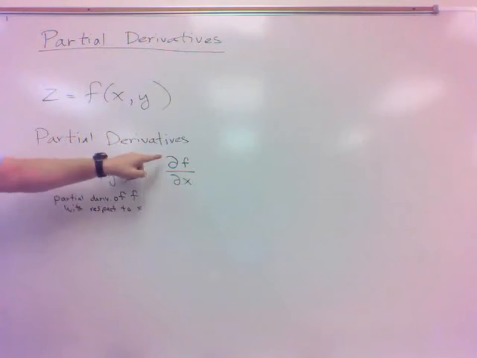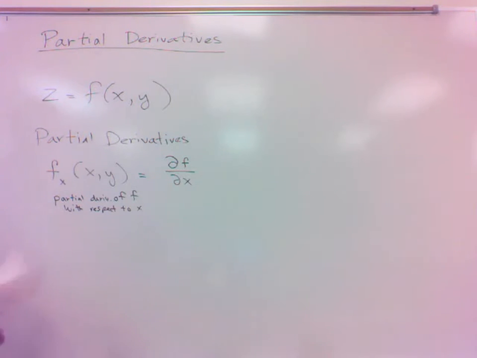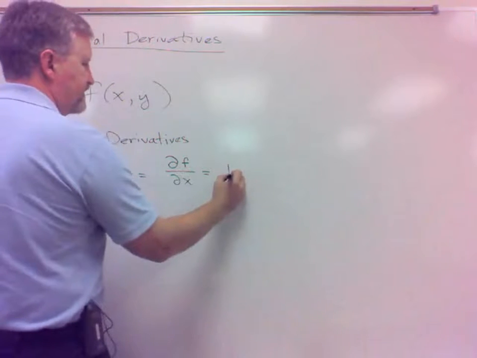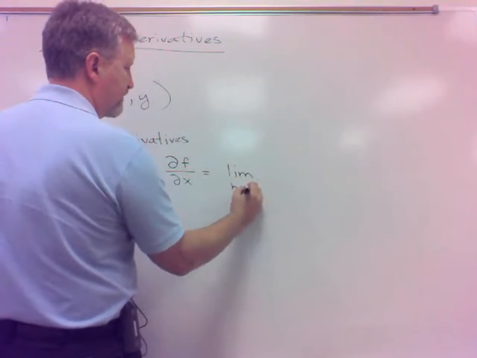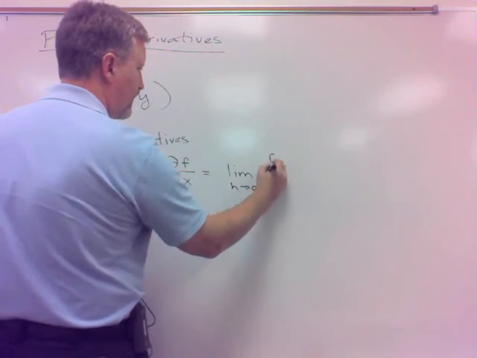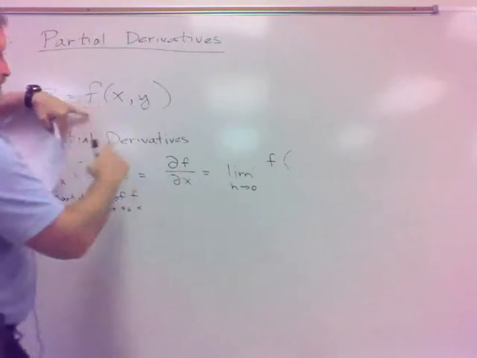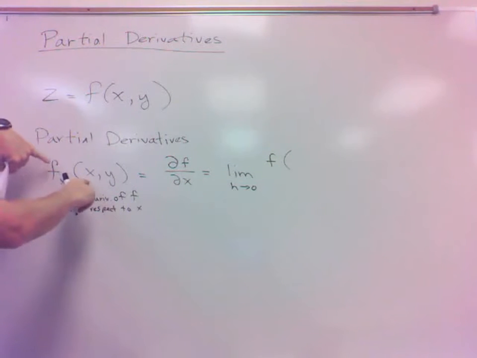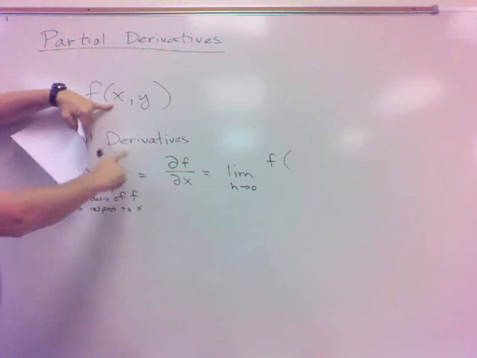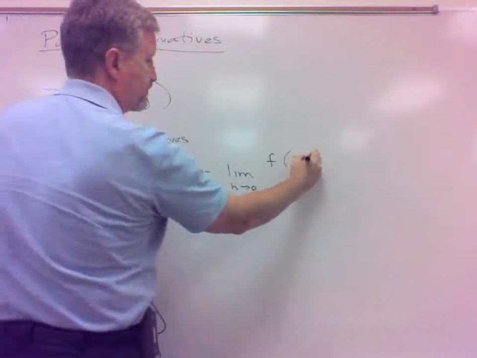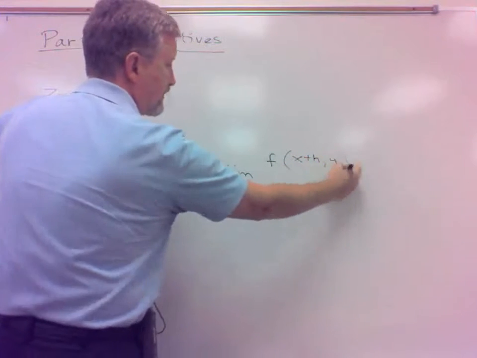And so this describes, again, the partial derivative of f with respect to x. And in terms of the limit definition, it's the limit as h approaches 0 of, our function's got two variables, but when we do the partial derivative of f with respect to x, we're just going to change the x a little bit and not the y.